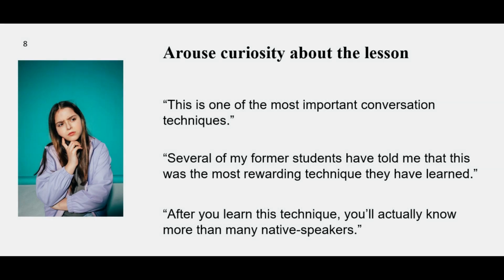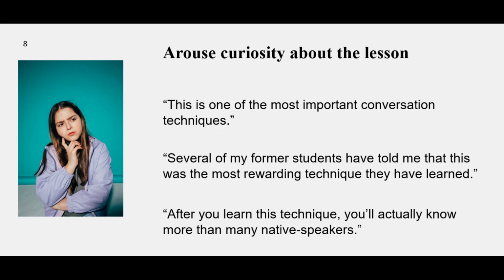Okay, that brings us to the fourth introductory way. Arouse curiosity about the lesson. Here are the common expressions for arousing curiosity. This is one of the most important conversation techniques. Or, several of my former students have told me that this was the most rewarding technique they have learned.